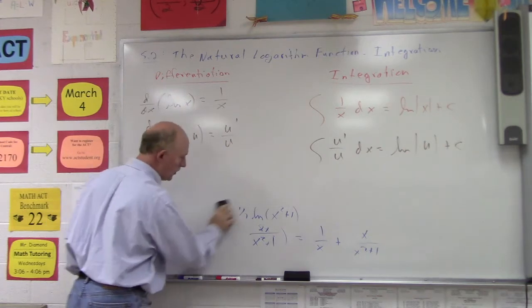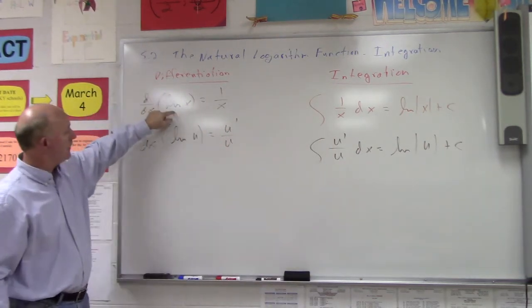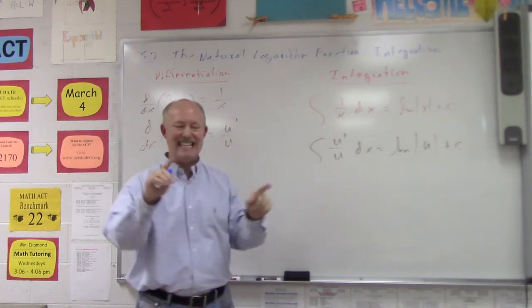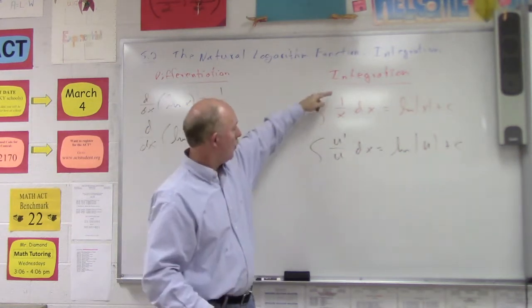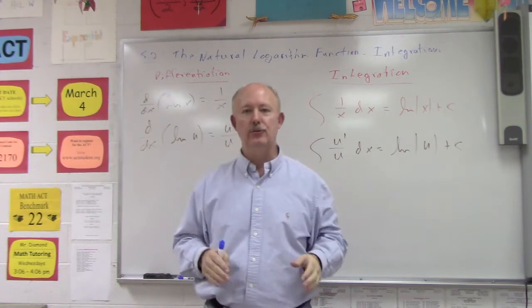As you look at integration now, the derivative of natural log x is 1 over x. Well, the antiderivative, or the indefinite integral, of 1 over x is going to be the natural log of the absolute value of x plus c.